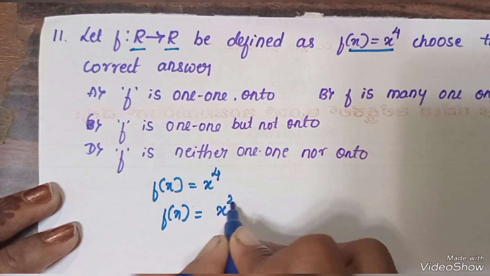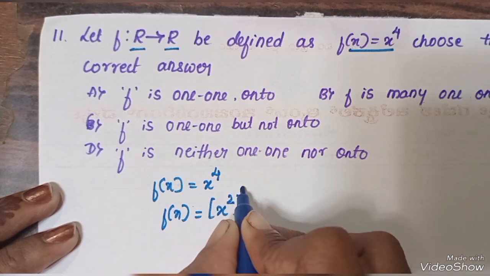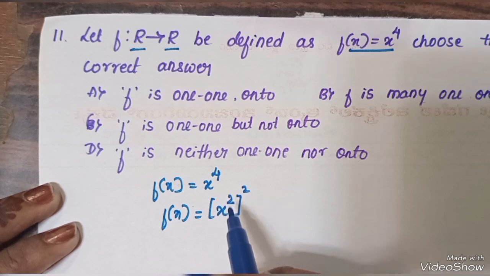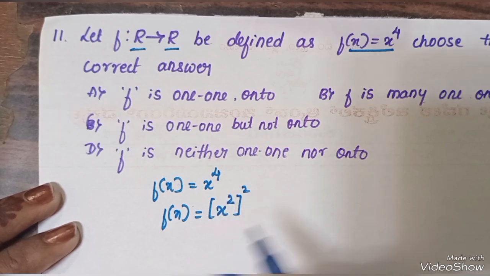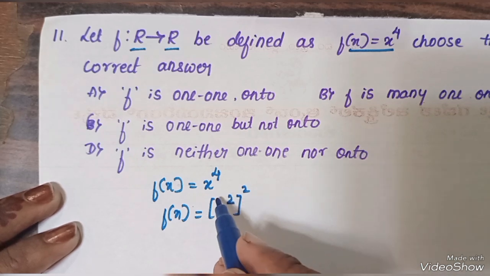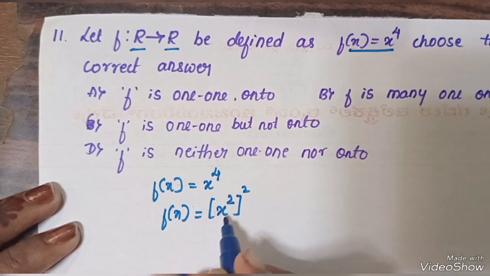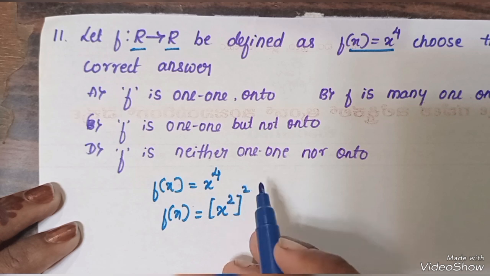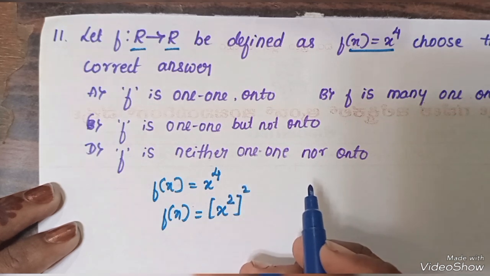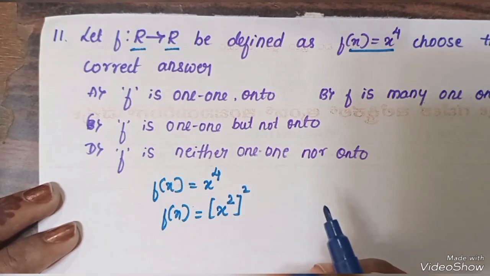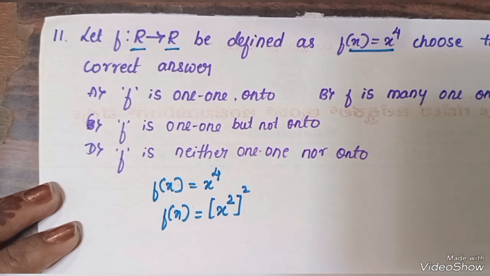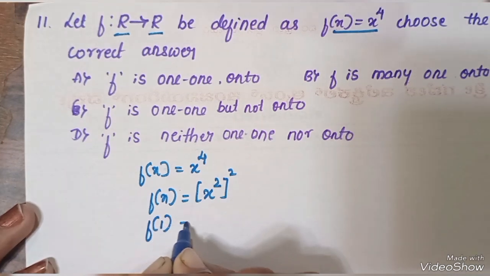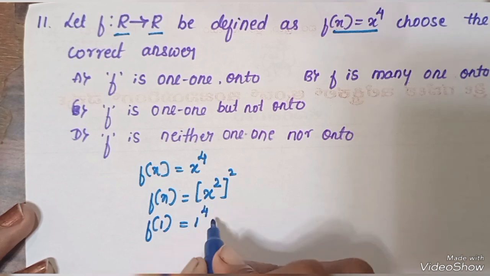x^4 can be written as x square whole square. x square means it has plus root and minus root. Now consider f of 1 is equal to 1 to the power 4, that is 1.